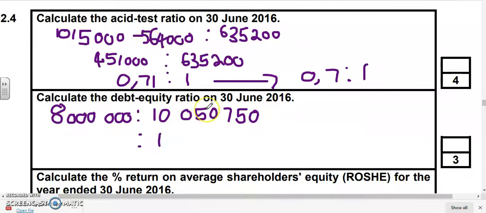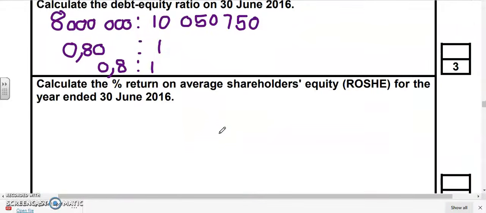I take my 8 million and divide that by 10,050,750. I get 0.795, so 0.8 is to 1, and that should be fine. They're not saying comment, they're just saying calculate, so you just calculate.